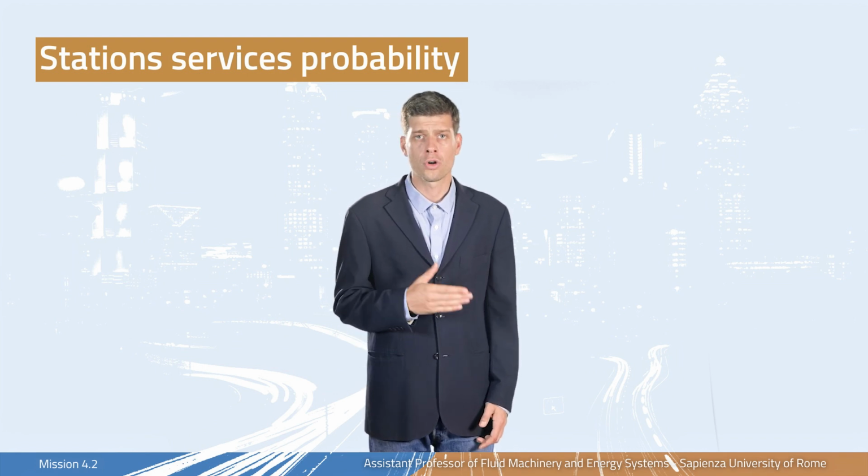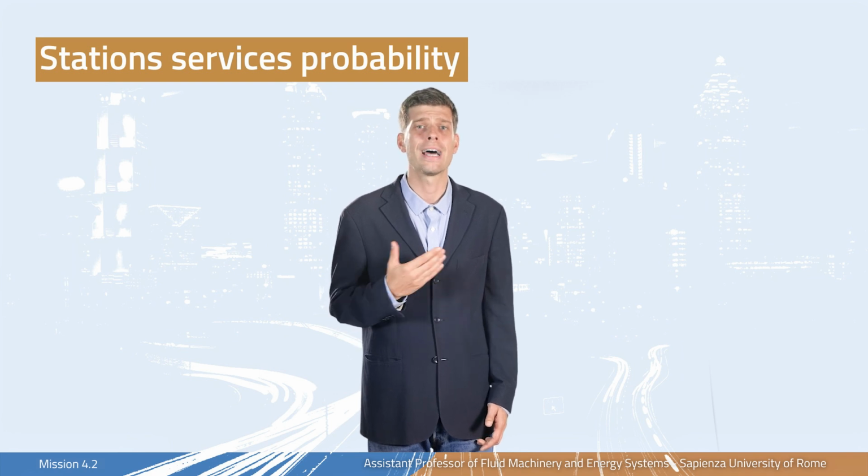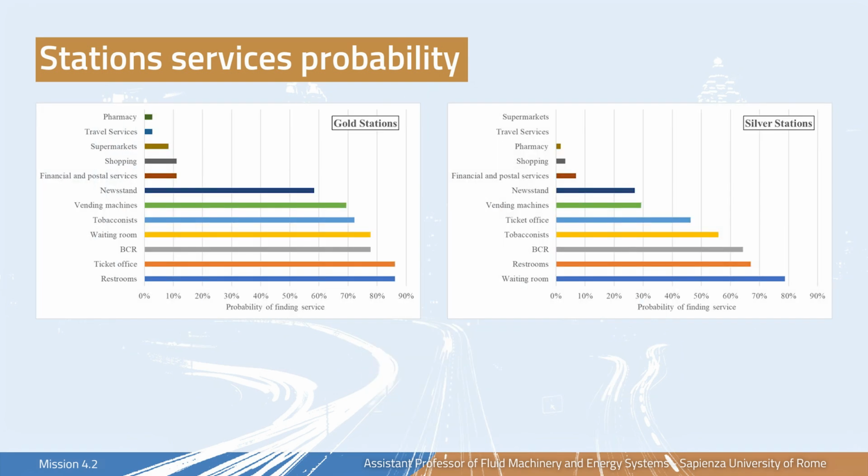Bronze stations, in contrast, may only have vending machines, lighting, and a ticket office. Gold and silver stations present a number of services between those of platinum and bronze stations. By analyzing FS group data and dividing it by the total number of stations in each category, the most to the least probable services for each station type were identified.